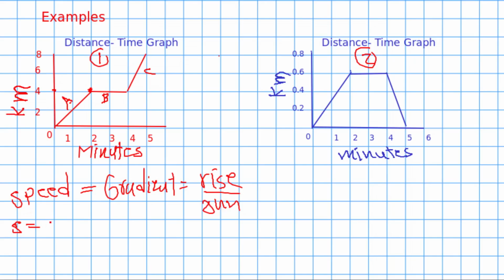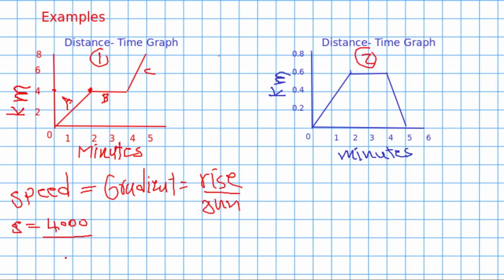We have to convert the kilometers to the standard unit for distance, which is meters. So 4 kilometers is equal to 4,000 meters, divided by the run. The run is on the x-axis, which is time, and time here is in minutes, so we have to convert it to seconds. The car has been moving in this section for 2 minutes.